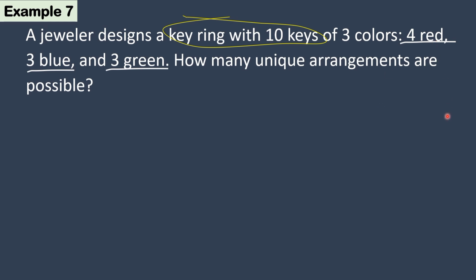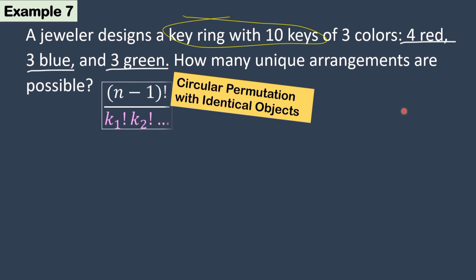Some keys are identical, so we can use circular permutation with identical objects. That is quantity n-1 factorial over the factorials of the identical objects.